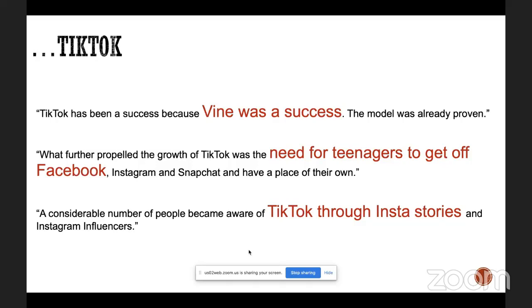And the last is that there were available products like Instagram on which TikTok rode, right? That helped people just create a TikTok and put it on their Insta story itself. So this product rode on existing products which were already very popular, right?